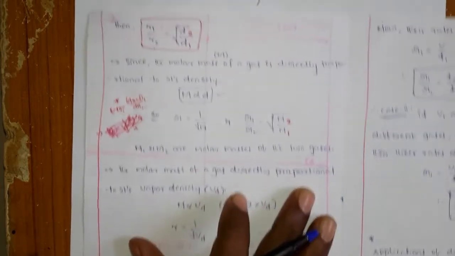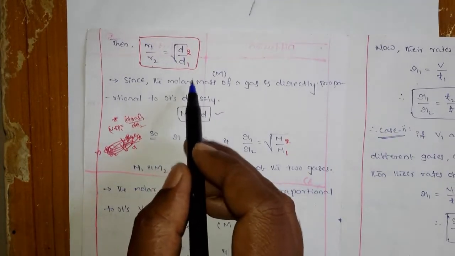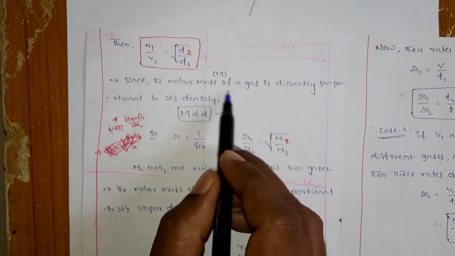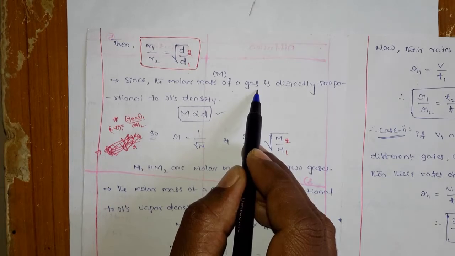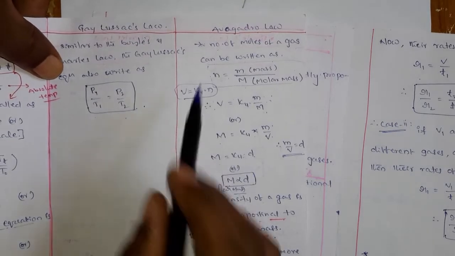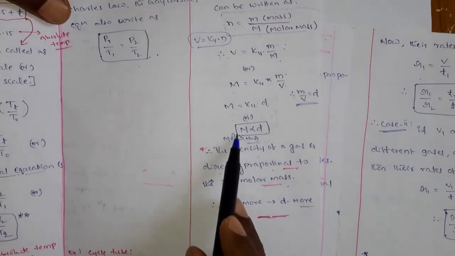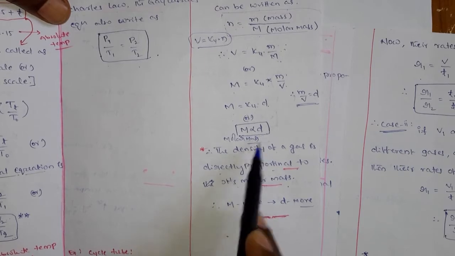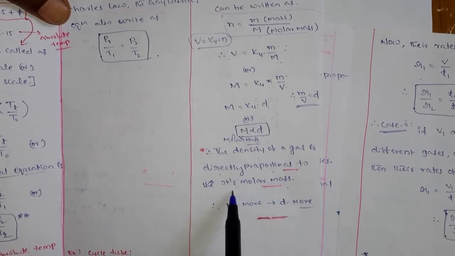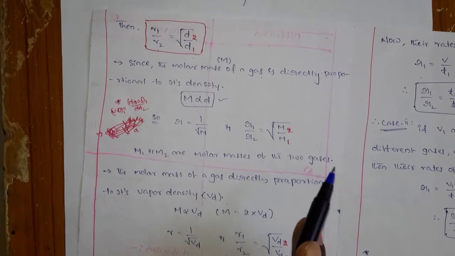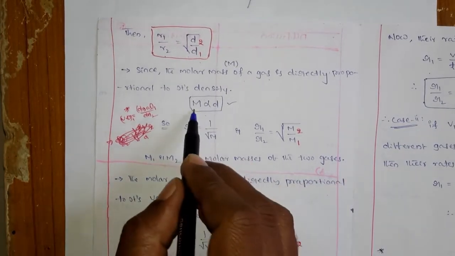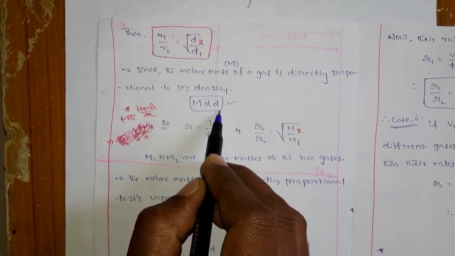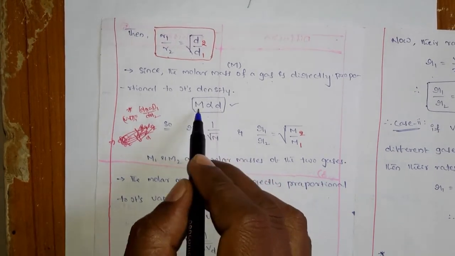But there is one more relation: since the density of any gas is directly proportional to its molar mass, you know that, right? In Avogadro's law we have also seen this, just once again I am showing that. The density of a gas is directly proportional to its molar mass. Density depends on its molar mass. So M is directly proportional to d, which means instead of d you take M, the molar mass.